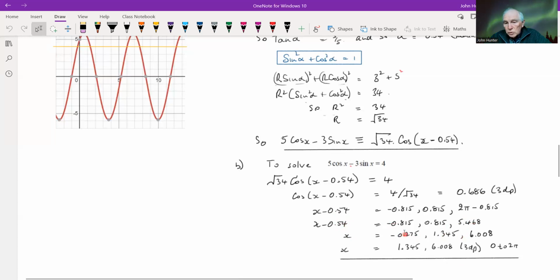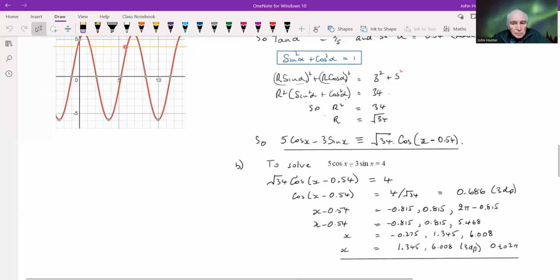Now this one's out of range. It often serves to just do something a little bit wider than your range event, then throw away some solutions if they don't fit into the range that you require, as this one doesn't do. But just to check, that 0.275 is here. Again, that looks about right, doesn't it? 1.345, yeah, that looks around about right.